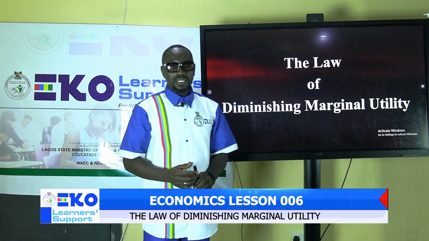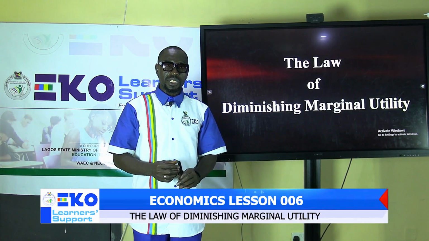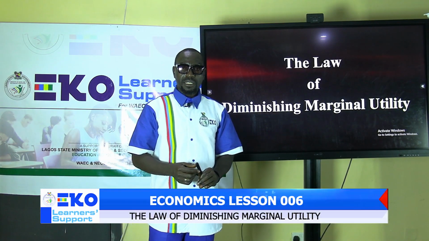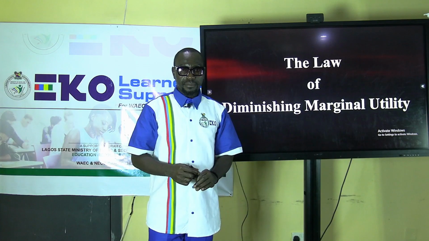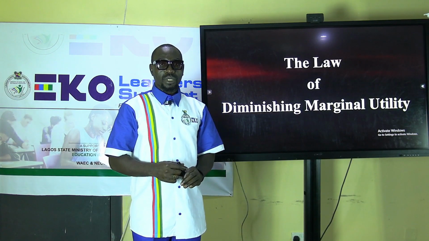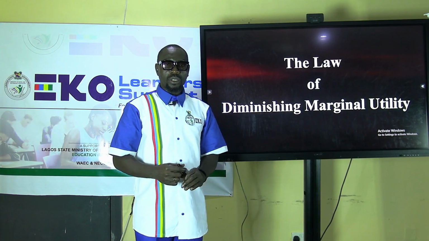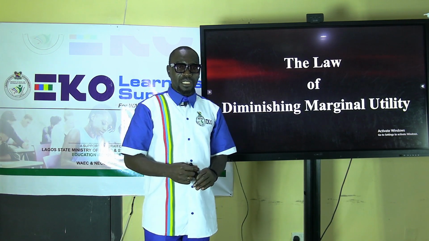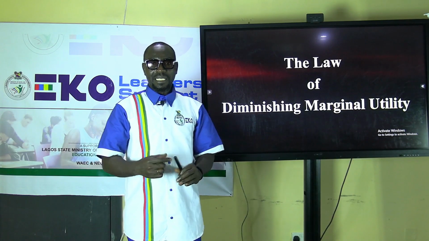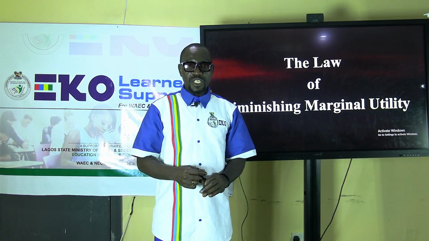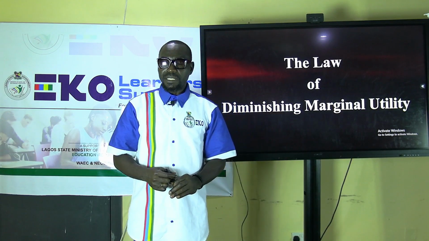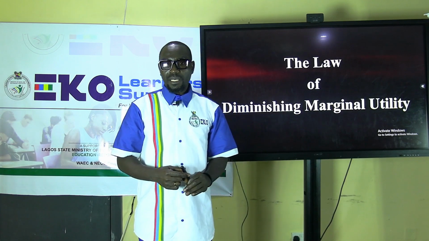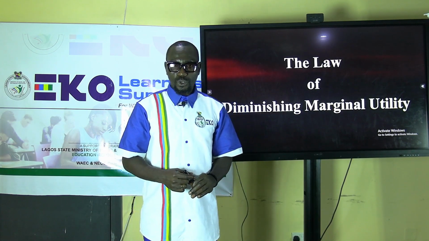We have seen the different concepts of utility: total utility, average utility, marginal utility. We have been able to calculate and work on a utility schedule. We understood that total utility can be additive and that average utility can be determined by dividing total utility by the quantity of the commodity consumed.